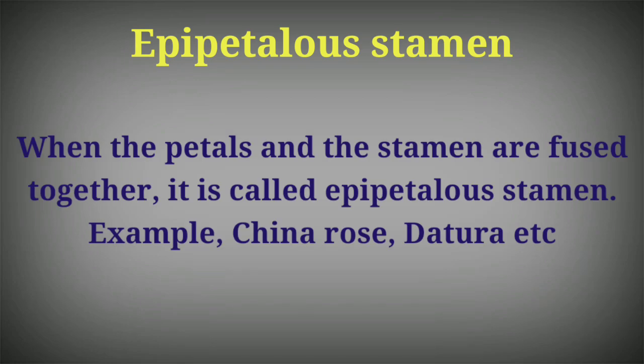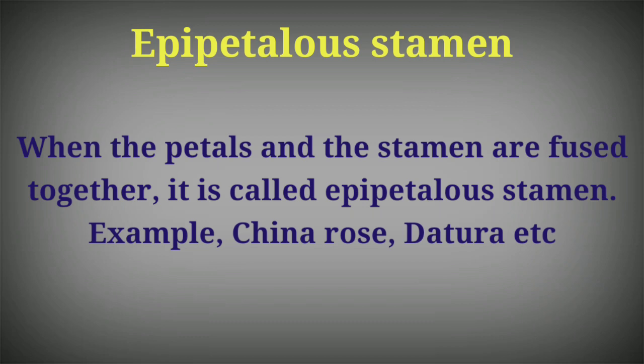When the stamens are attached to the petals of a flower, then that type of stamen is called epipetalous. Epi means upper part of the petal, which is the individual unit of corolla, and such stamens are called epipetalous stamens.